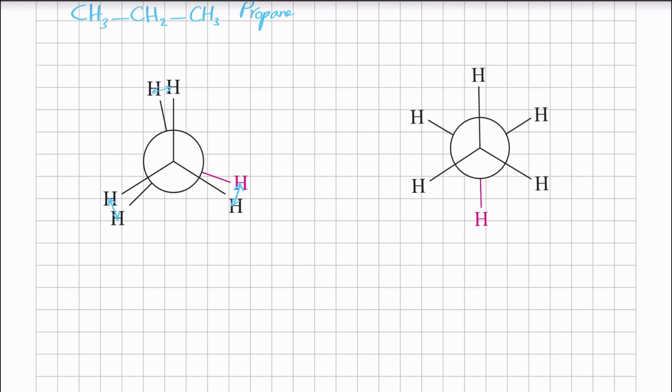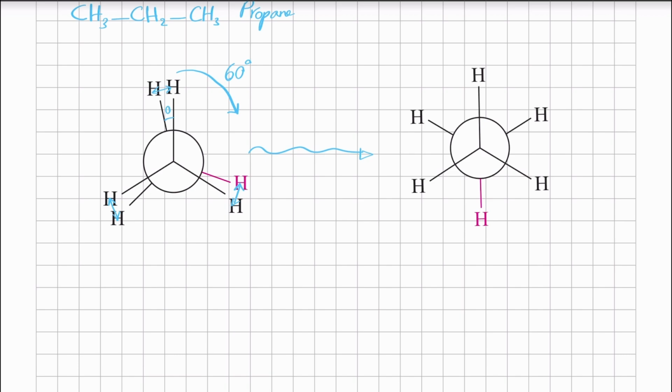They don't have an angle. Their angle is 0. But if you rotate just one of the carbons by 60 degrees, we can have another conformation, which is the right one.